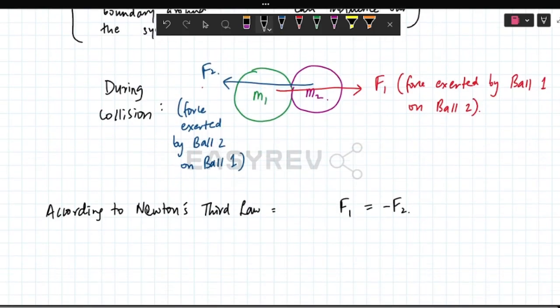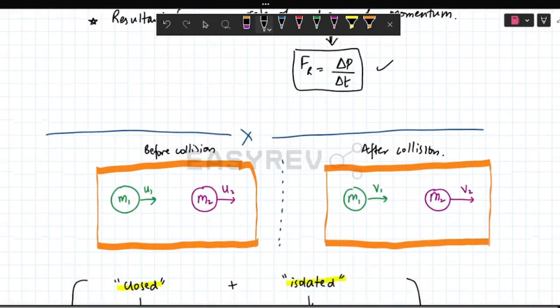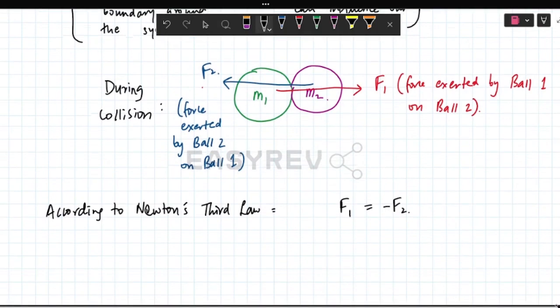Now we can explore this even further, because in our previous lesson we managed to express force in terms of a change in momentum, remember? In fact, we revised it right over here. So let me rewrite forces F1 and F2 in terms of the changes in momentum per unit time.